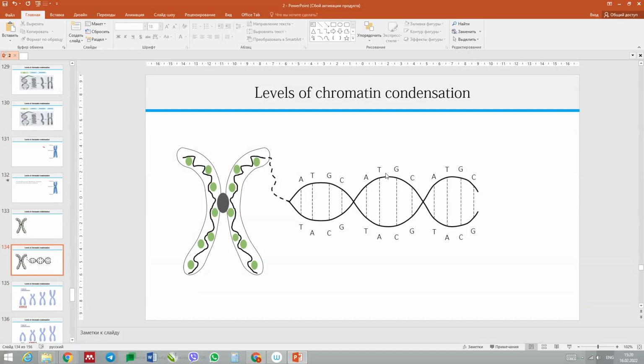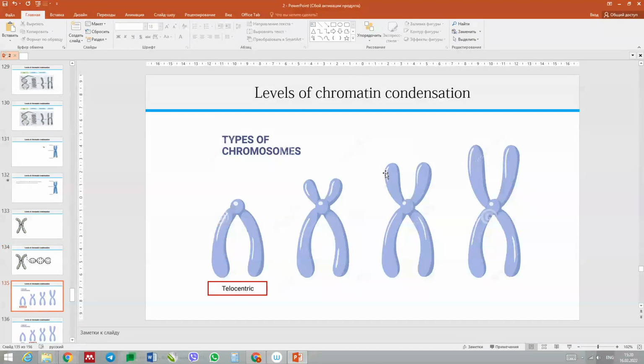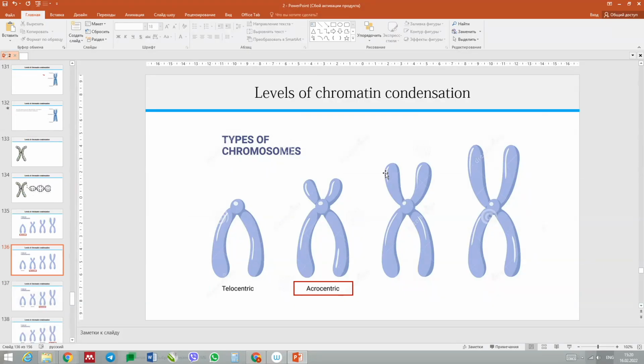Chromosomes can be of different morphology. Here you see a simplified schematic illustration of different morphological types of chromosomes. The first one, highlighted in red color, is called telocentric. This one is called acrocentric. You see that in a telocentric chromosome, the centromere is located on the terminal end of the chromatids.